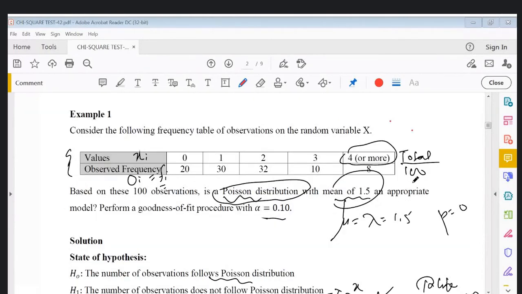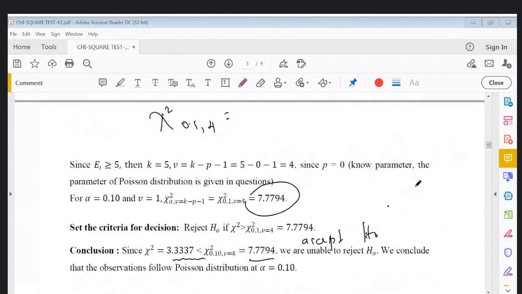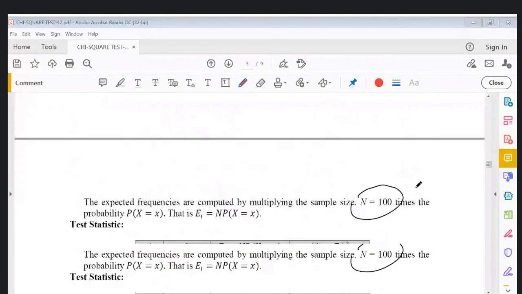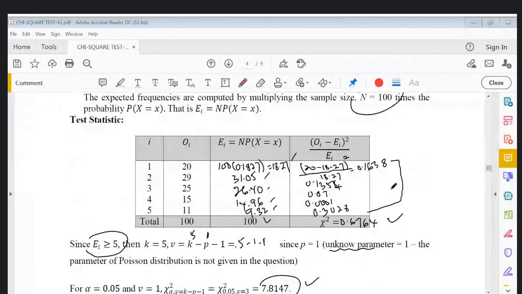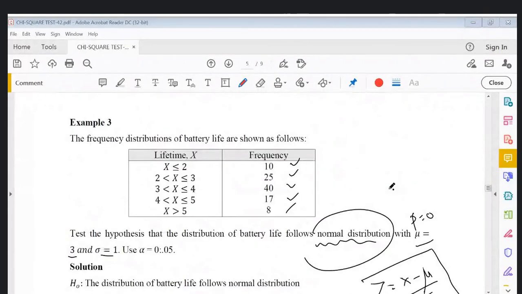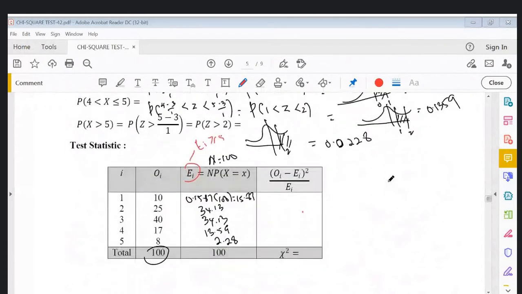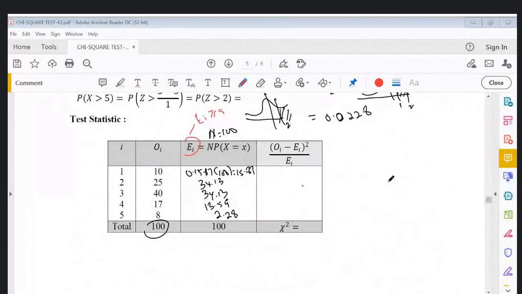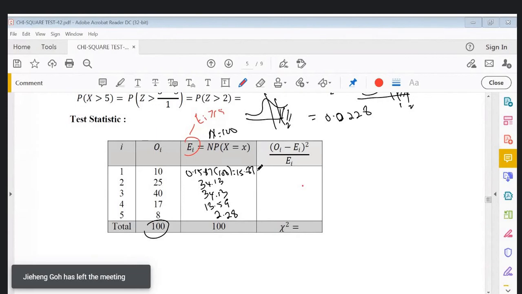Okay, look here. Tadi kita lihat we already calculate the data using normal distribution. Kalau kita lihat sini, for this one, the first class, for I is equal 1, EI is okay.